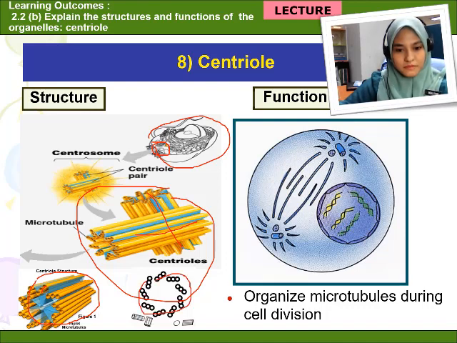If you still remember, in my previous video we discussed the 9 plus 2 microtubules, which relates more to the flagella structure. This one is the centriole, which consists of 9 sets of triplet microtubules. Basically, the centriole functions to organize microtubules during cell division. In the next chapter, on mitosis and meiosis, you will learn about cell division, and you will also learn about this organelle, the centriole.